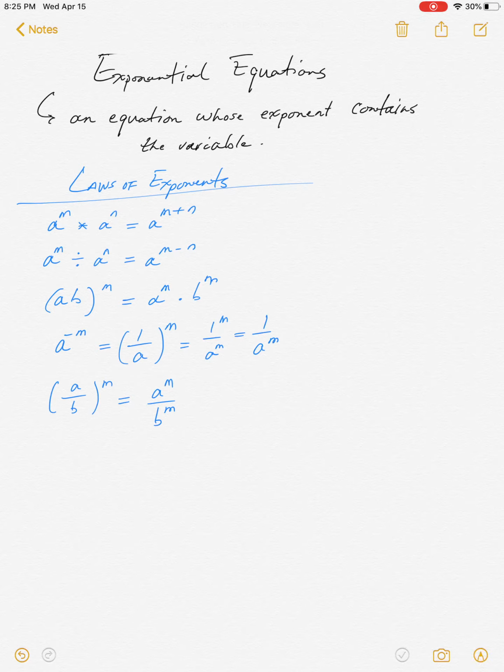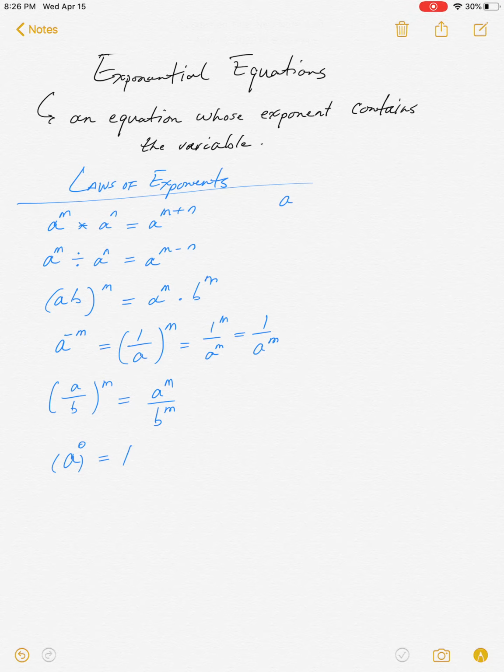Alright? And then you have a raised to the 0 power. Any number excluding 0 raised to the 0 power is 1. Let me toss this a in parentheses because I want you to make sure you're putting the whole number inside the parentheses, because if that was negative 5 raised to the 0, you need that negative sign inside the parentheses.